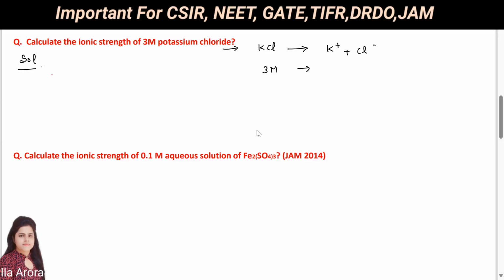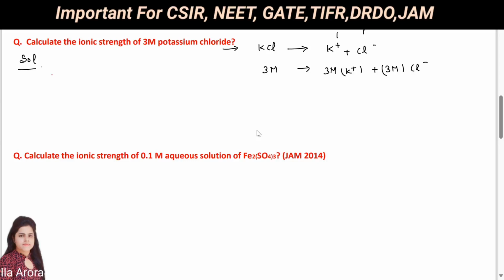So the concentration of K positive will be 3 molar, and for Cl negative also 3 molar, because the number of ions is the same. For one molecule there is 1 K and 1 Cl negative, therefore the concentration will be the same for both.